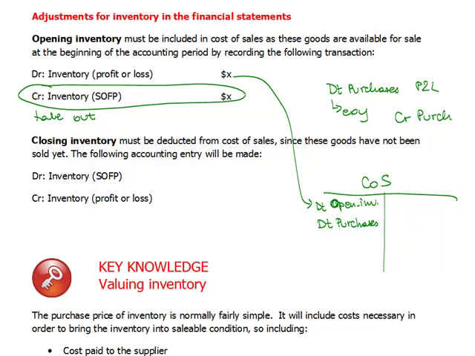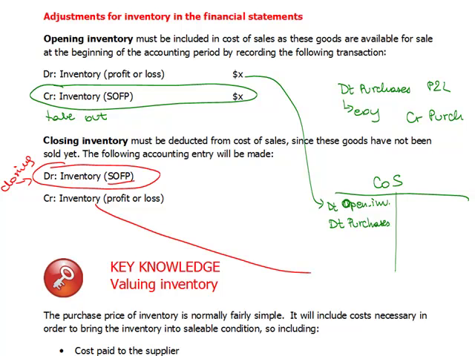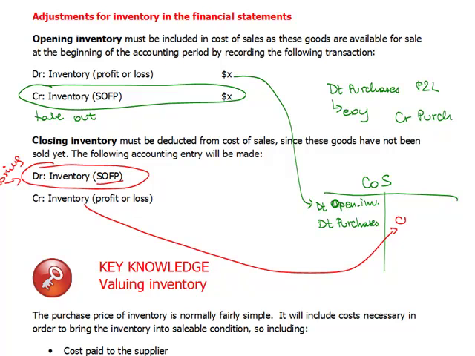Okay, we got rid of the opening balance of inventory. However, now we need to record the closing balance of inventory. If we put it on the statement of financial position, then the credit will go to cost of sales as closing inventory. Effectively, we will have opening inventory plus purchases minus closing inventory. Just what we wanted.